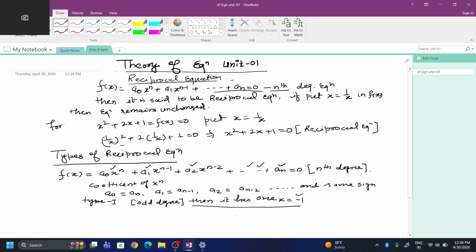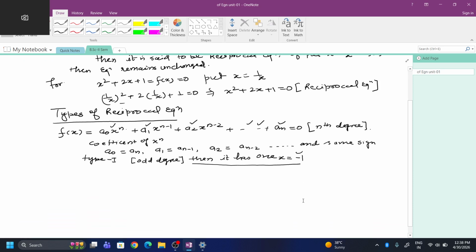And suppose we consider this problem, where a0 is exactly equal to -an, that is, the first and last terms are equal, the second term and the second last term are equal, and so on, but with opposite sign. That is, the coefficients are equidistant but of opposite sign, then it is said to be type 2.